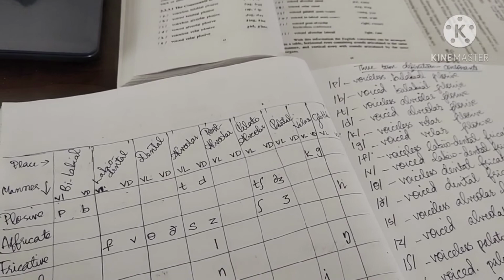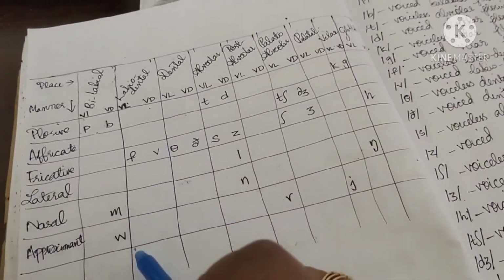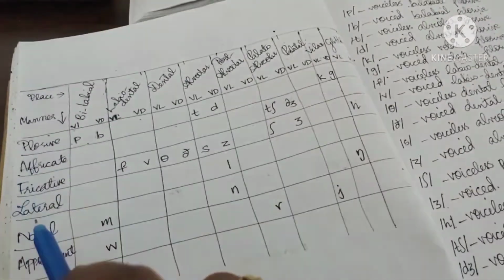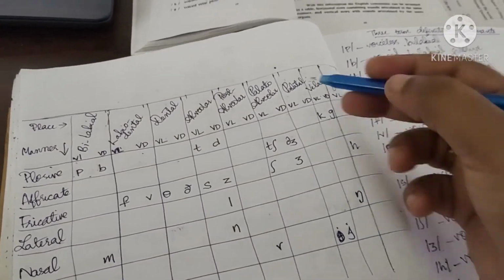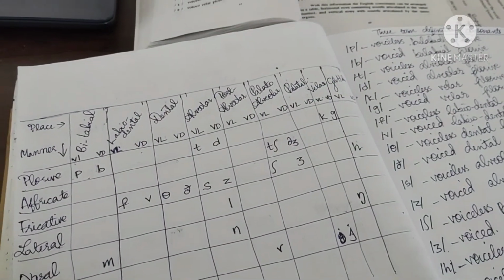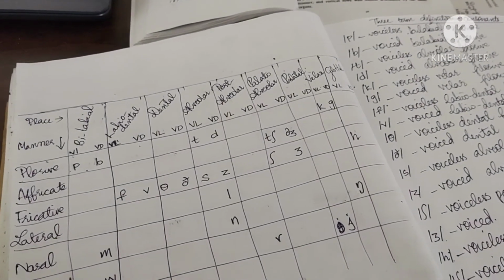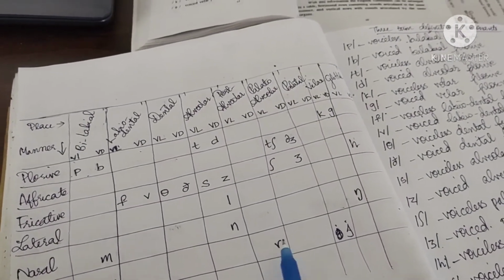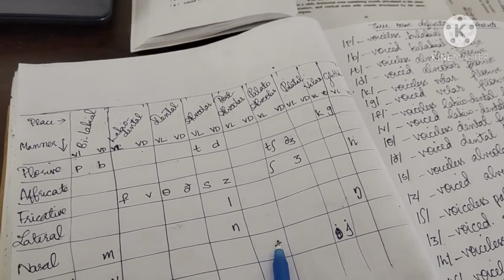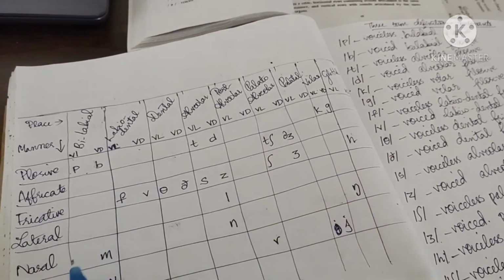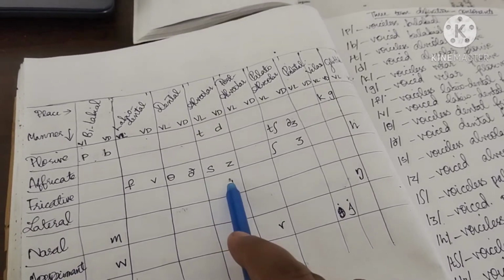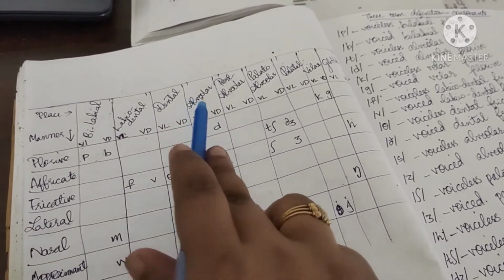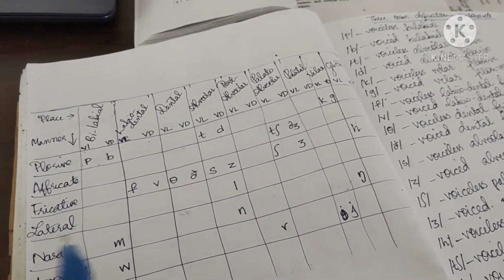Y is voiced palatal semi-vowel. Okay, and then we have R is voiced post-alveolar frictionless continuant, and L is voiced alveolar lateral.